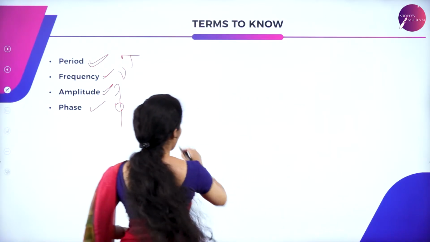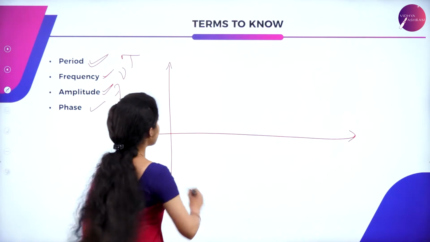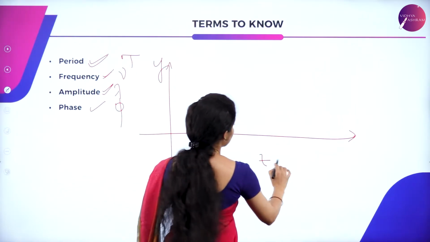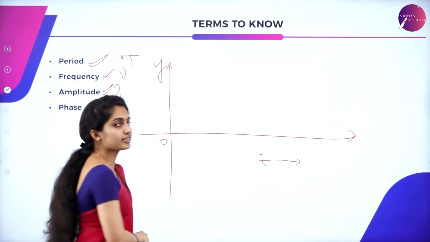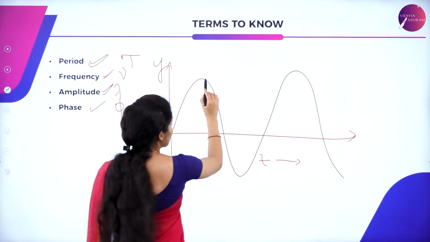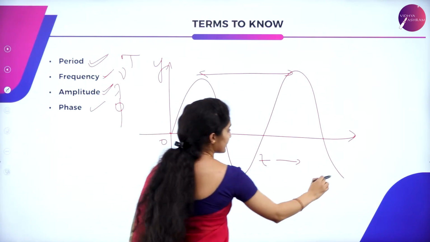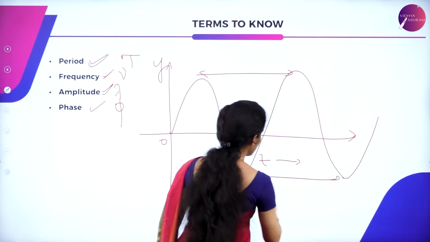So we have got a graphical representation, displacement as a function of time over here. Since this is the origin, we have a wave structure in this way. This part is said to be two crests, and this part is said to be two troughs.